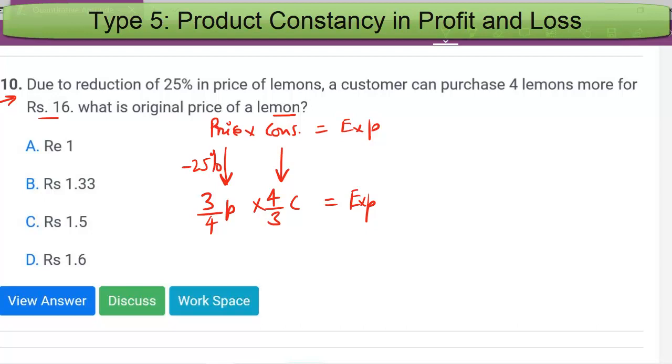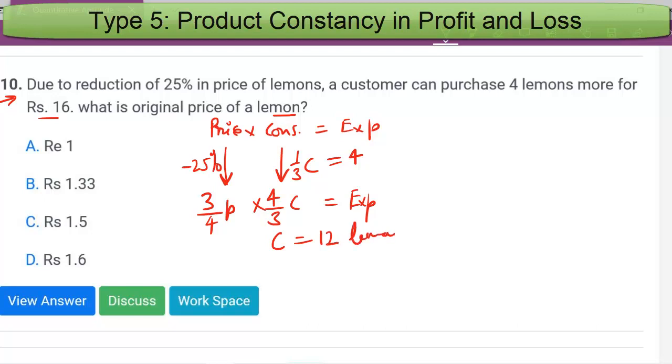Now look at the difference. This difference is given, the customer can purchase 4 lemons more. So that means this difference, which is basically 1/3 of the earlier consumption, 1/3 of it is 4 lemons more, right? So from here you get that the earlier consumption would have been 4 into 3, that is 12 lemons.